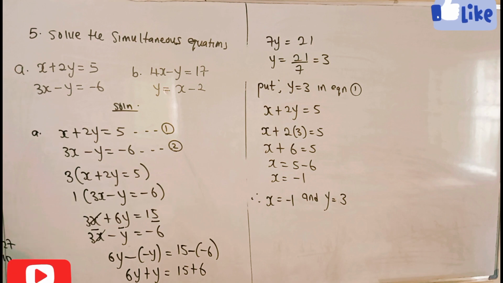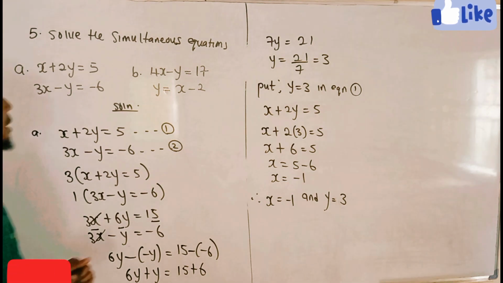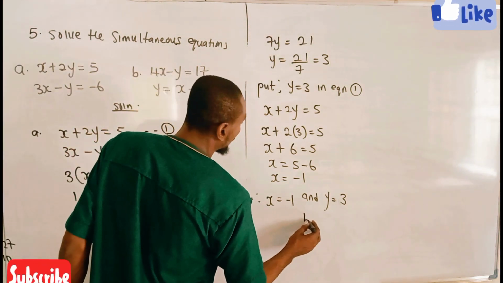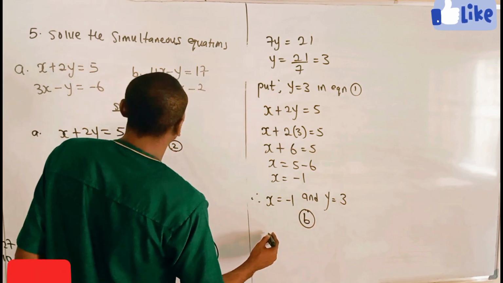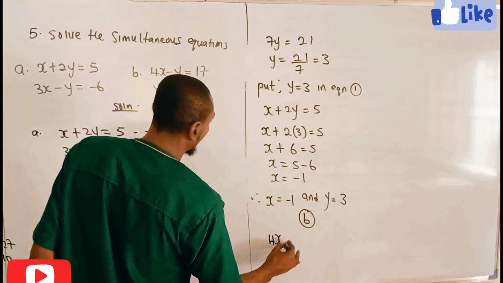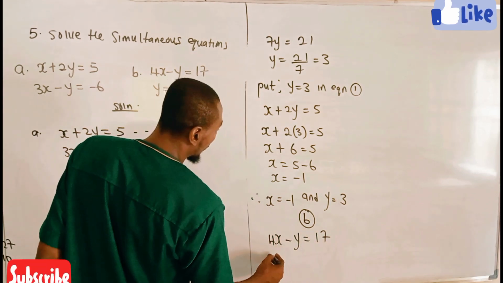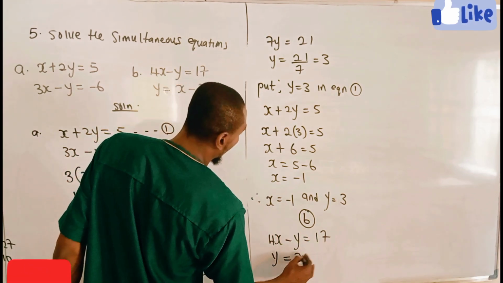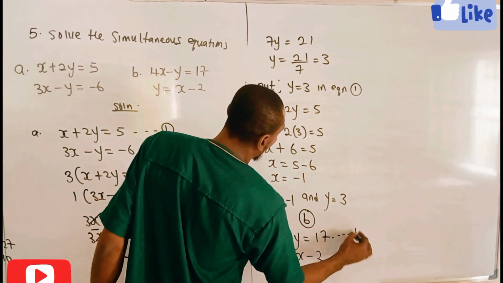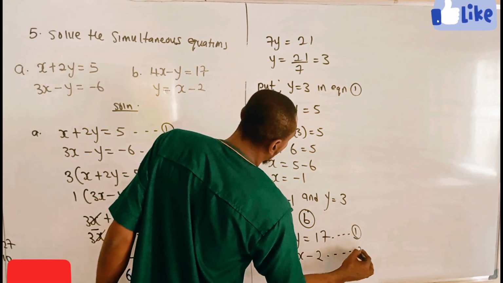Now solution B is next. We have B: 4x minus y is equal to 17, and y is equal to x minus 2. This is equation 1, and this is equation 2.